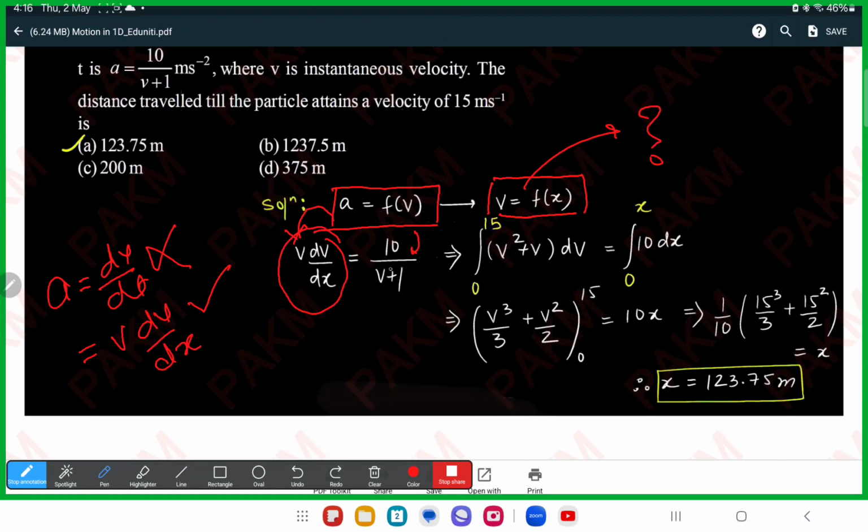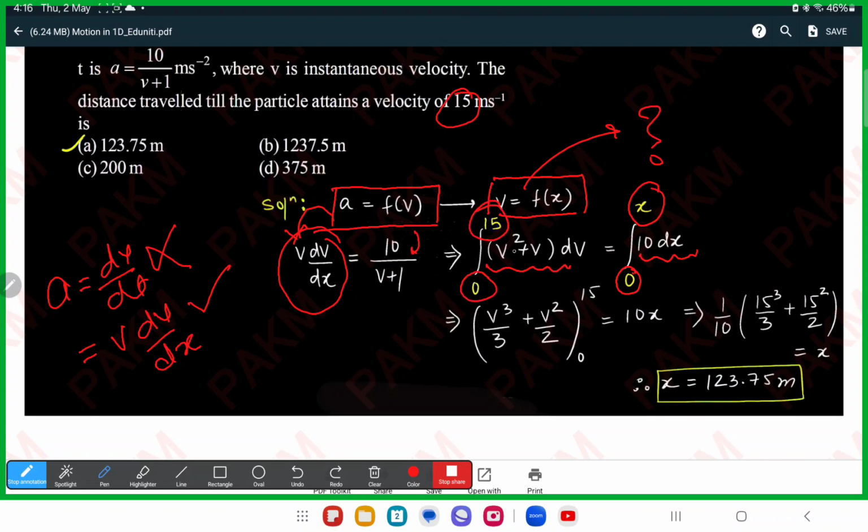Now we have to take variable separable. We can shift the velocity terms to the velocity side and the distance terms to the distance side. Now we integrate; since we have to calculate up to velocity 15, and the initial displacement is 0, the limits are 0 to x and 0 to 15.